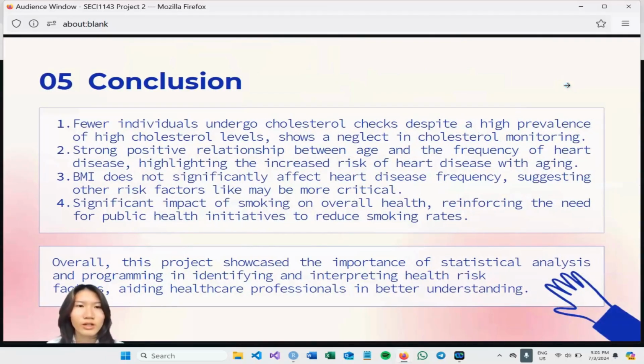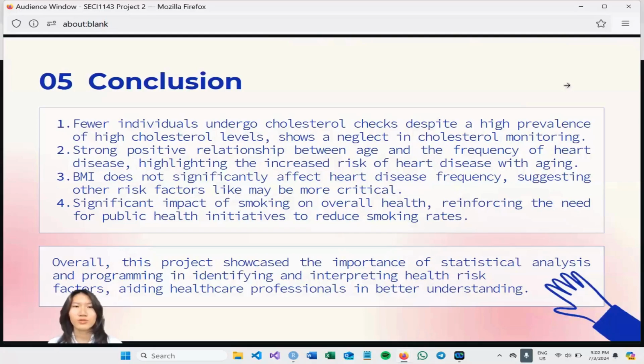And hence, here comes the conclusion of this project. We will sum up each of the analyses conducted before this. So for the first one, we can conclude that fewer individuals undergo cholesterol check despite a high prevalence of high cholesterol levels among citizens, showing that there's a neglect in cholesterol monitoring.